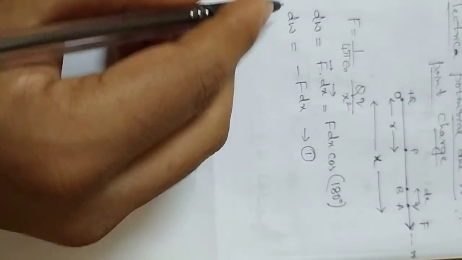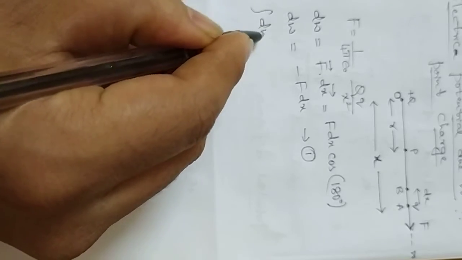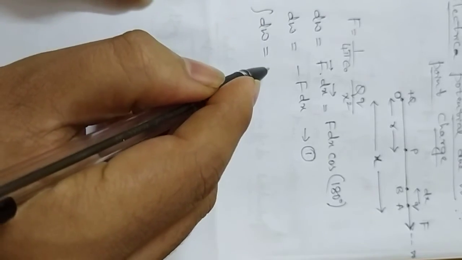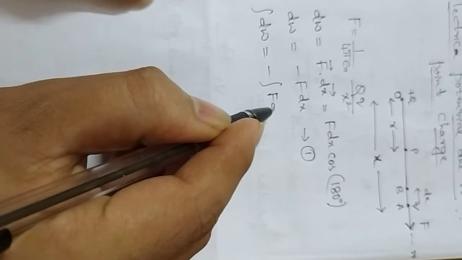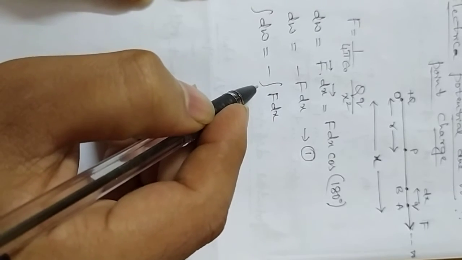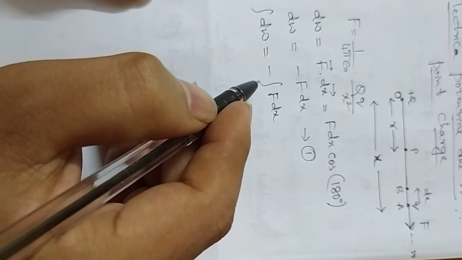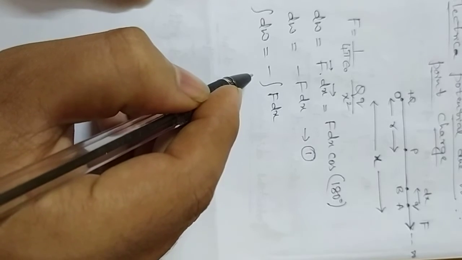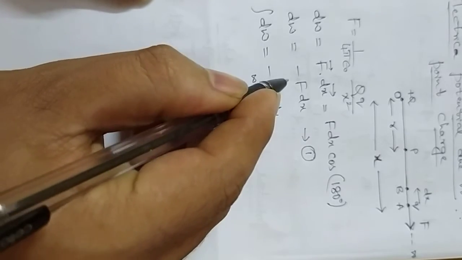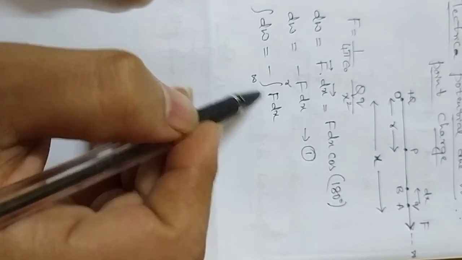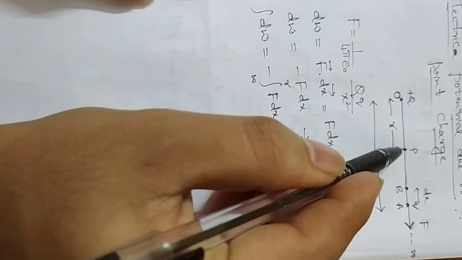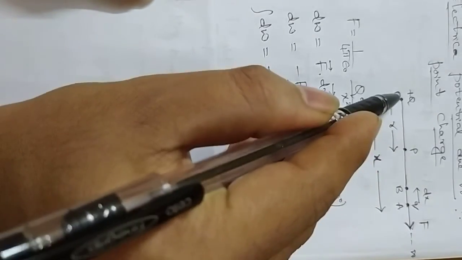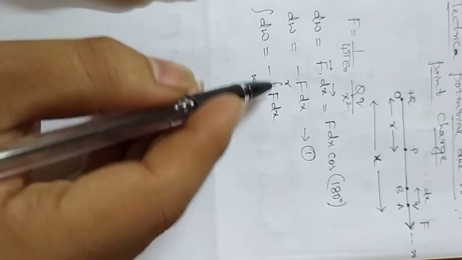So when I integrate this equation 1, this comes out to be the integral of minus F dx. So now I need to take a limit. For taking a limit, I am going to write the limit from infinity to r. I am bringing a charge from infinity to point P, which is situated at a distance r from the origin O. So this is the equation.